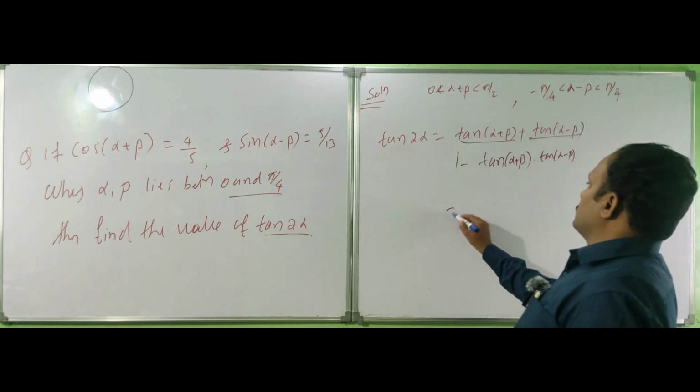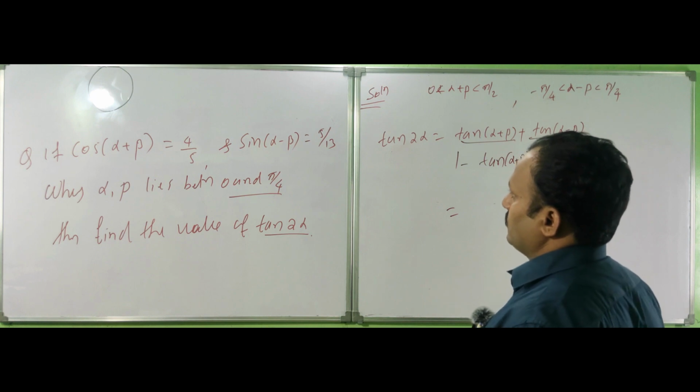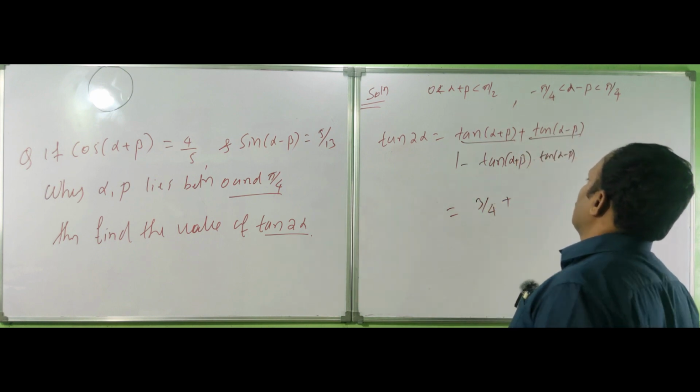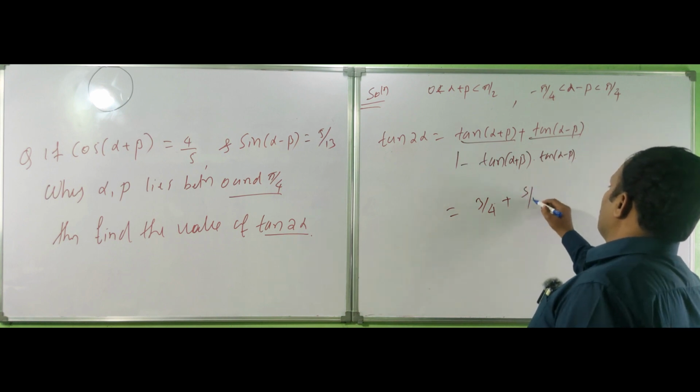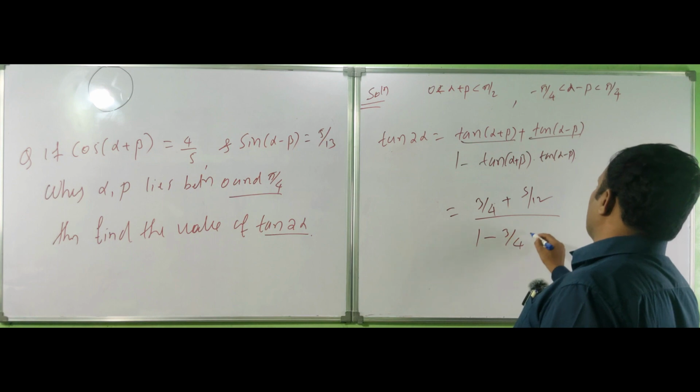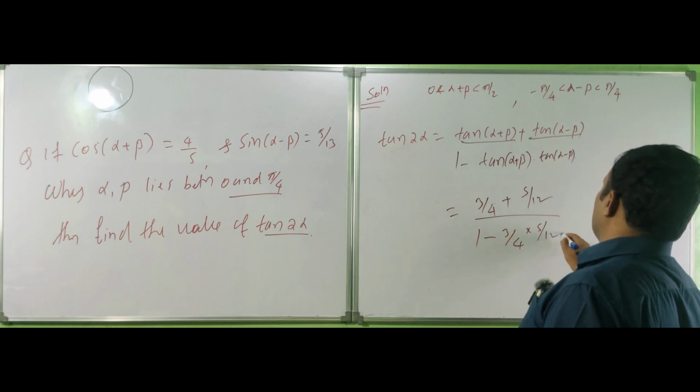Okay, this is 3 by 4 plus 5 by 12 over 1 minus 3 by 4 into 5 by 12.